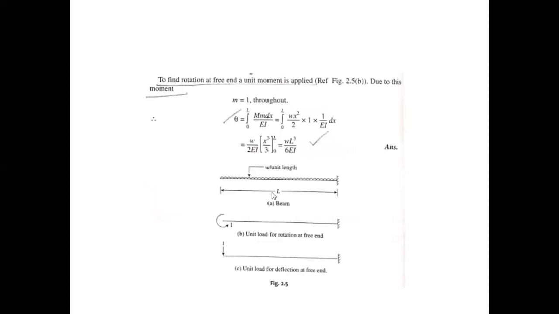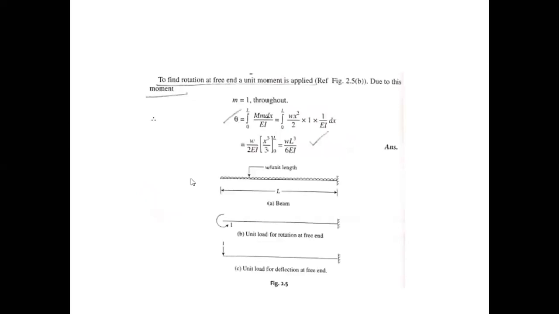Again we have calculated the value, and that is wx square upon 2 multiplied by x, with 1 upon EI dx. On integrating and solving this equation we'll get the value of wL4 upon 8EI.